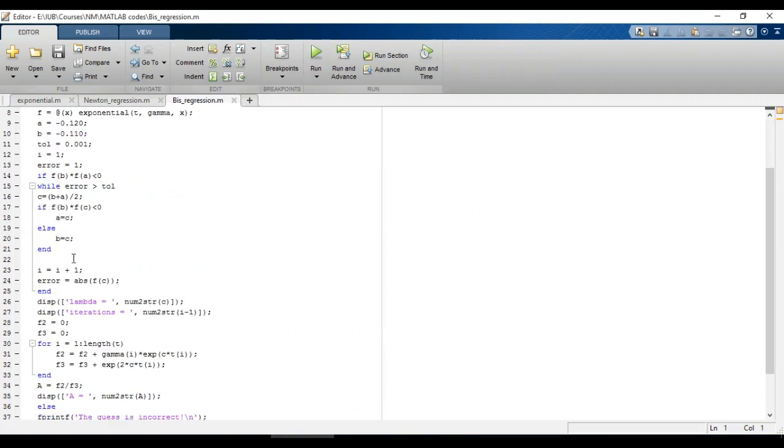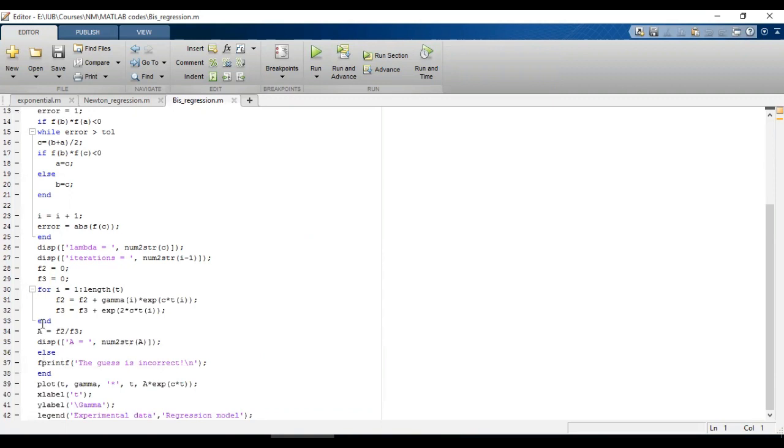And this is the bisection algorithm. After implementing this algorithm, I will display the values of lambda and the total number of iterations, and then I will calculate these two sums, F2 and F3, to calculate the value of a, and then I will display the value of a, and then I will plot my regression model on top of the experimental data.